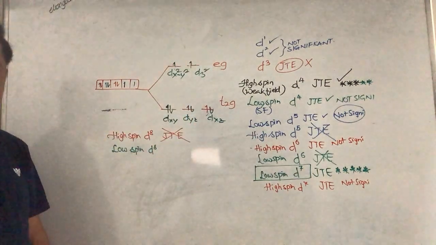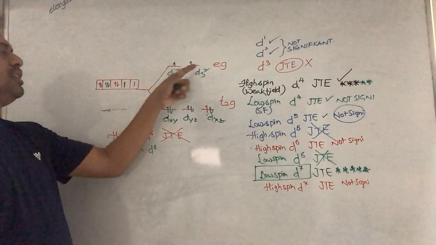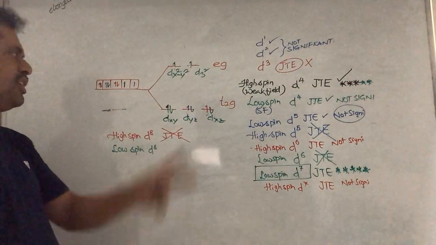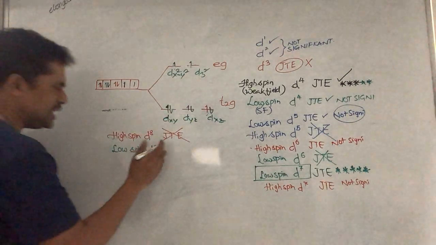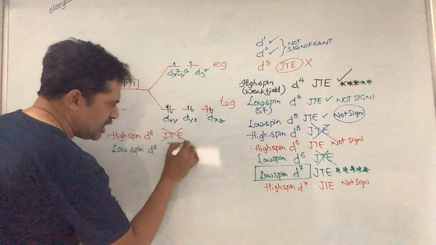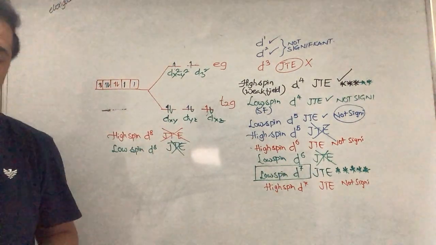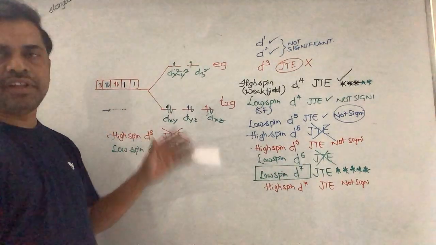Is there any difference? No. The t2g 1, 2, 3, 4, 5, 6 is completely filled, and the eg is also exactly half filled. So whatever repulsions it is going to get, it is getting the same. So no worries, again there is no Jahn-Teller effect. No Jahn-Teller effect can be noticed in d8, whether high spin or low spin. Actually, there is no question of spin; it will be the same.